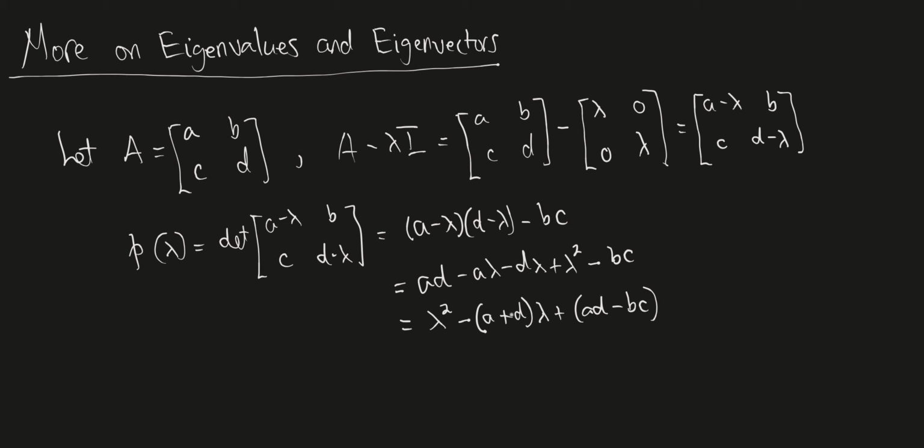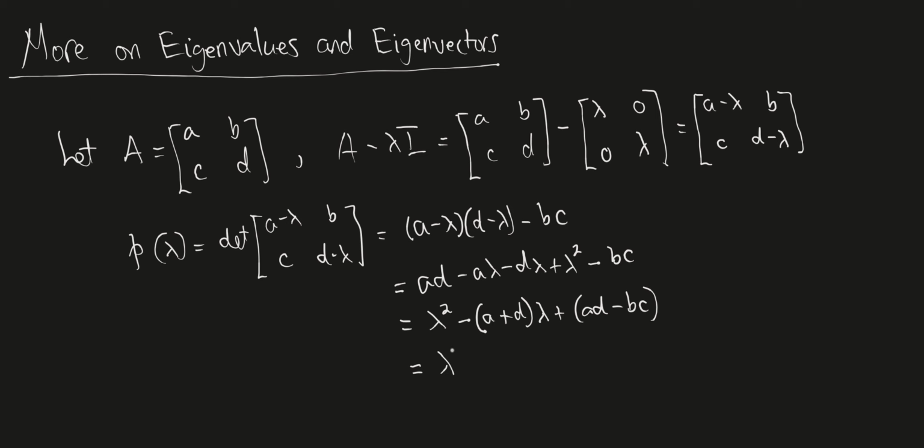Not only that, look at the coefficient here, the expression that I have in parentheses. That's A plus D. Well, A plus D is the trace of the matrix A. So if I know the trace of the matrix and the determinant of the matrix, it means I can write down the characteristic polynomial of a 2 by 2 matrix just by doing this.